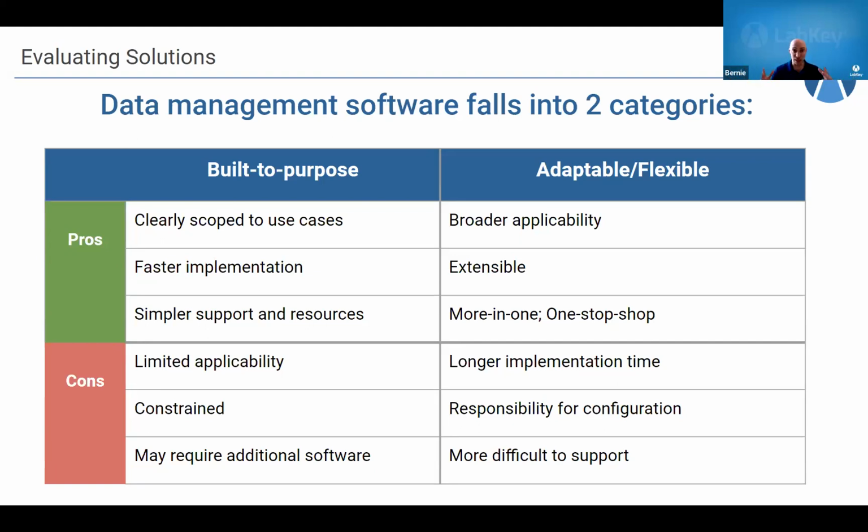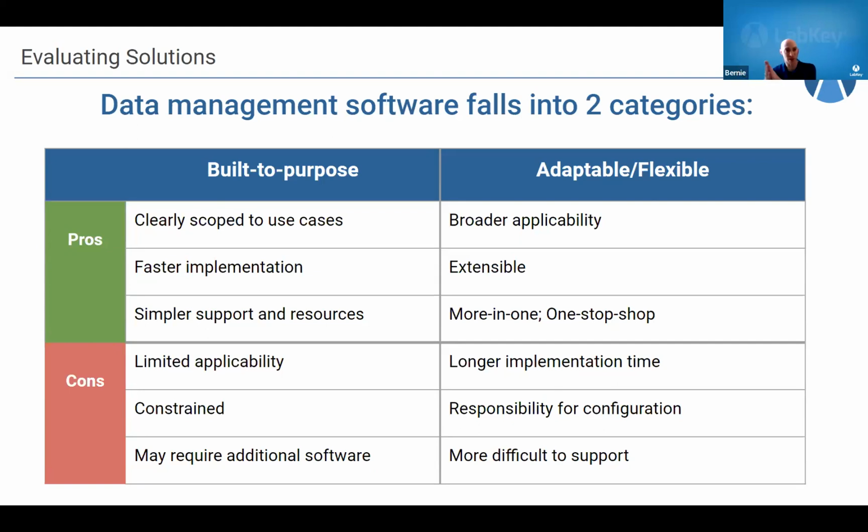It is constrained and therefore not easily extensible into other scenarios. And in order to support other scenarios, it may require additional pieces of software. When you have a constrained use case or constrained set of use cases, sometimes built to purpose is exactly the way to go, and sometimes you need more flexibility.